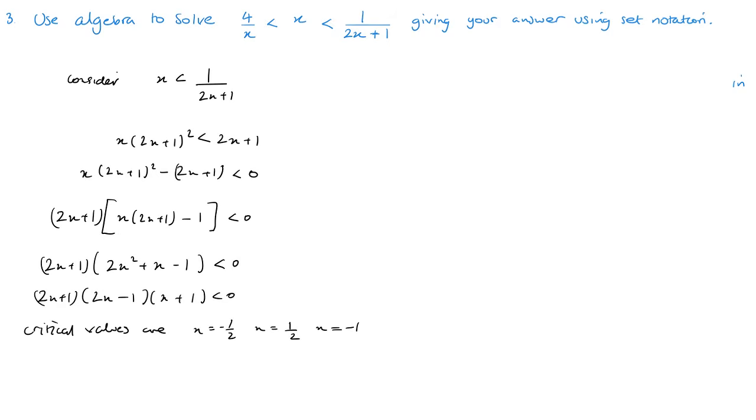And again, I've got a cubic, haven't I? 2x times 2x times x gives me a positive cubic, a 4x cubed graph. So let's sketch that. So quick sketch, and we're going to cross at -1/2, -1, and 1/2, and it's positive, so it's going to come from the bottom like that, like that.